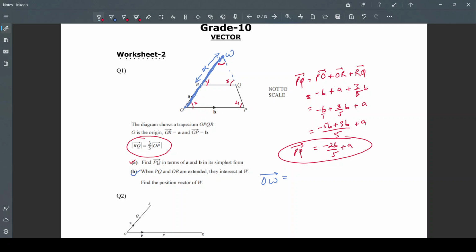Also, this is common in both triangles. We know that there are two triangles inside, one like this, and another triangle overlapping it. If I separate it, one is this triangle and the other is this triangle.